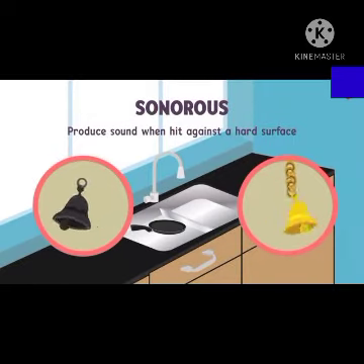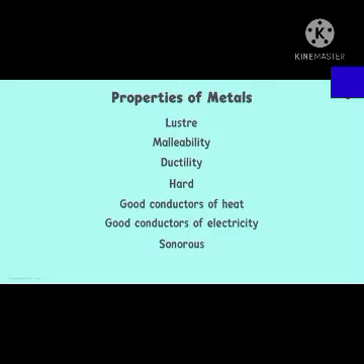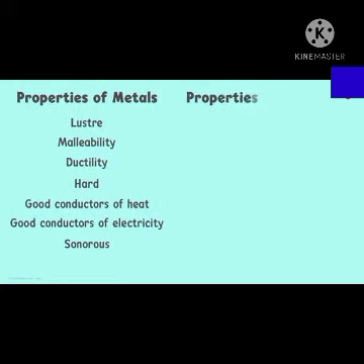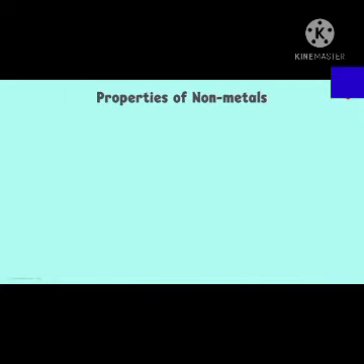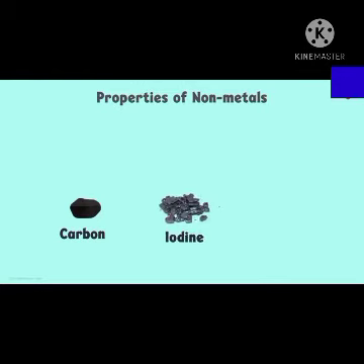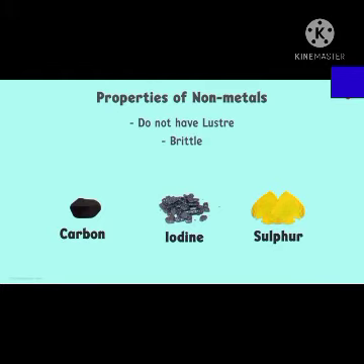If these are the characteristics of metals, what do you think will be the characteristics of non-metals? In simple words, just the opposite of metals. In nature, non-metals like carbon, iodine, and sulfur do not have luster. They do not shine and are brittle in nature.